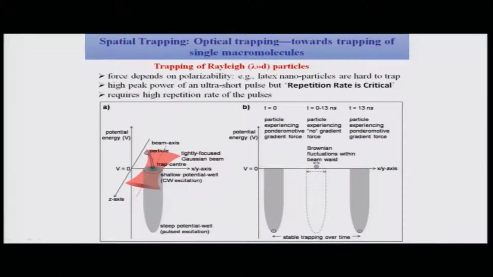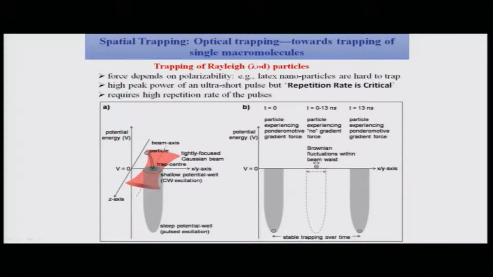So, we have gone to particle sizes which are either in the range of the wavelength of the light used or even smaller than that. Under those conditions, the force depends on polarizability, and for example, latex nanoparticles are hard to trap. High peak power of an ultra short laser pulse helps. However, the repetition rate is also critical.